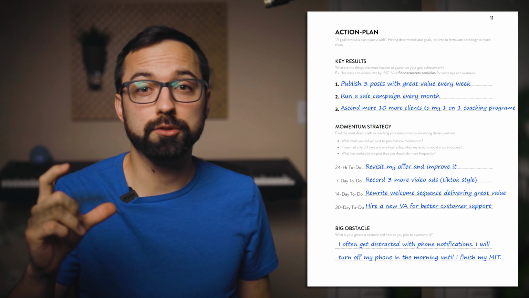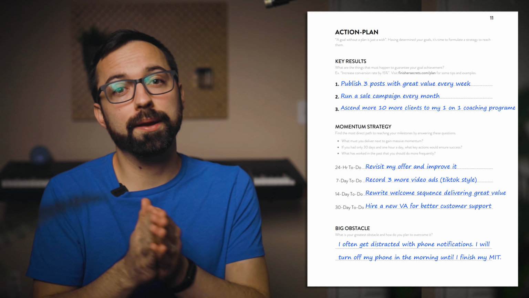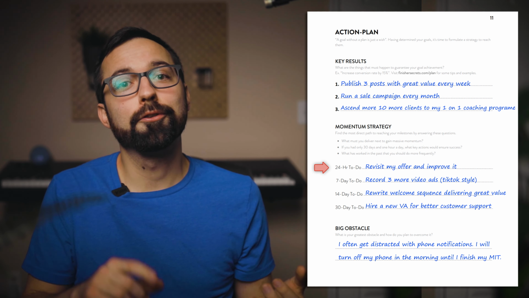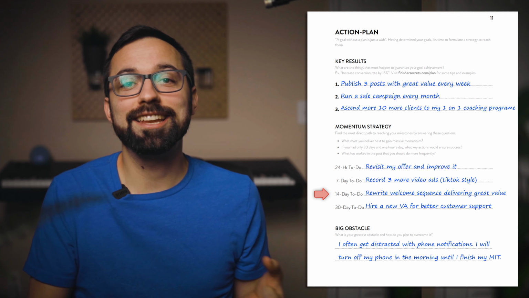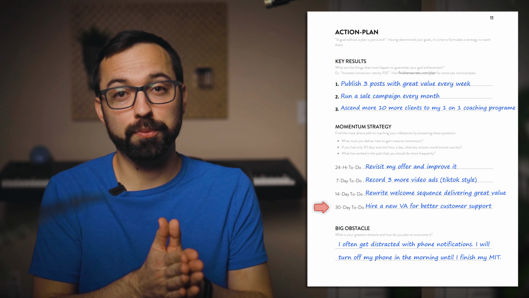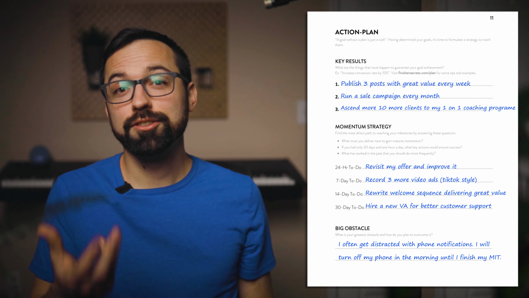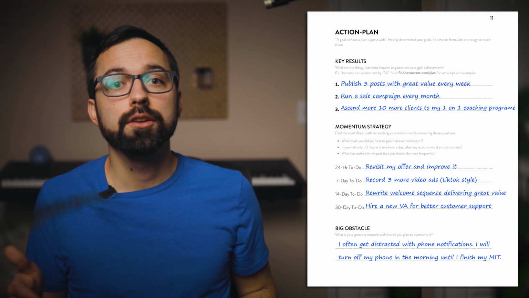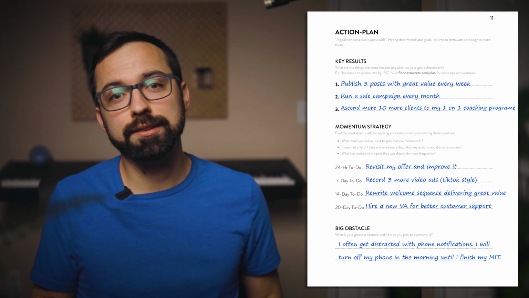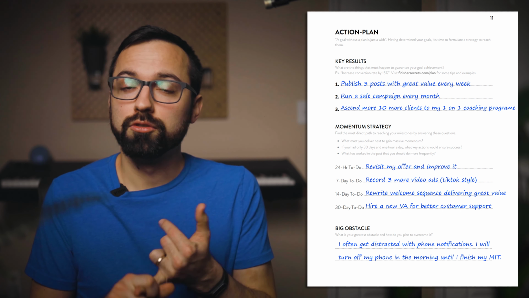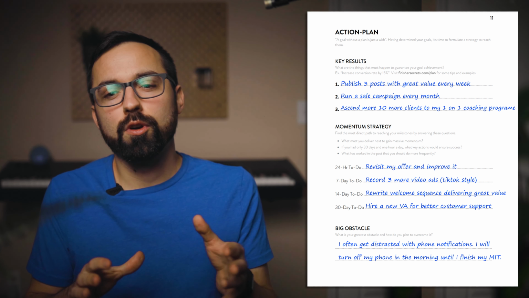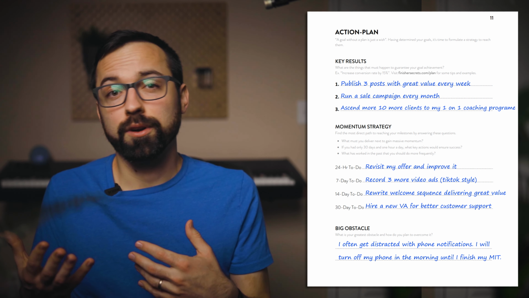Next up is the momentum strategy. This is where we make step-by-step milestones that you can take action on in the next 24 hours, 7 days, 14 days, and 30 days that'll bring you closer to that outcome goal. Here's an exercise to define those momentum strategy milestones. You're going to take about 30 minutes and first grab a blank piece of paper, and then you're going to brainstorm things that have to be done before hitting your goal.